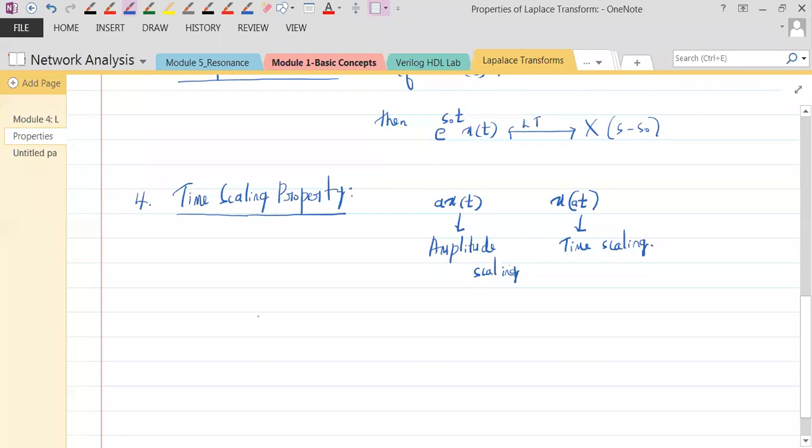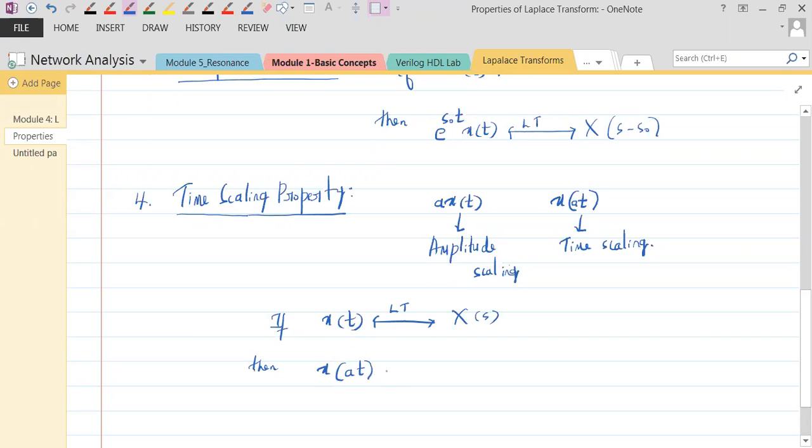See, if Laplace transform of x of t is X of s, then what is the Laplace transform of the time scaled signal? x of at is the time scaled signal.